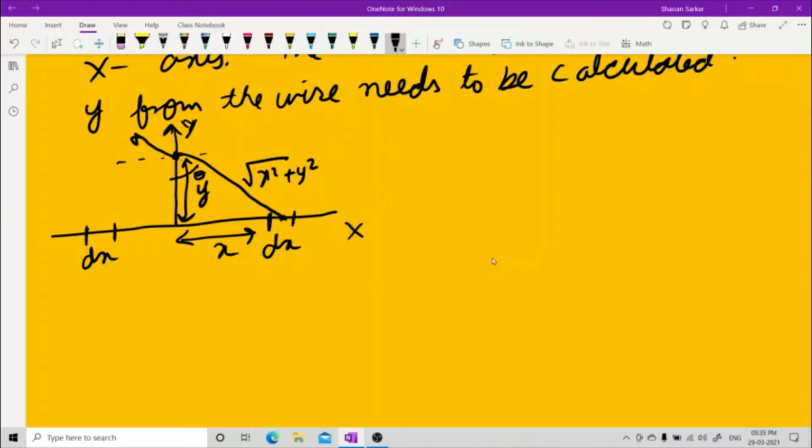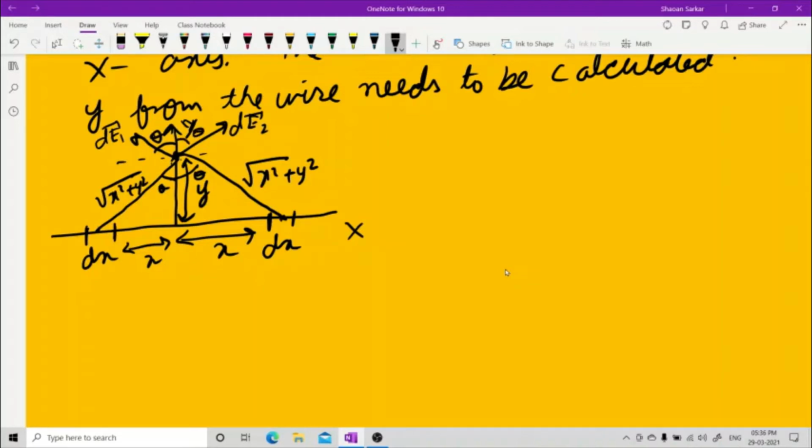Similarly, for this side, this is theta, at a distance x, and this is y. So again x square plus y square, and the electric field in this direction. Let us say this is dE2 vector and this is dE1 vector. Now this is vertically opposite, so this is again theta.